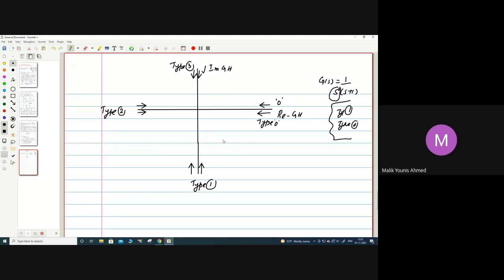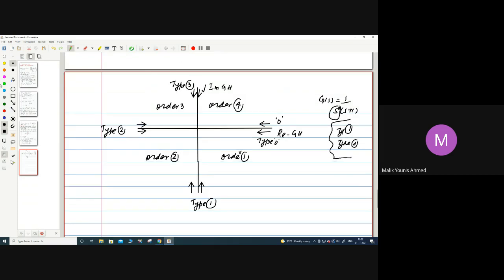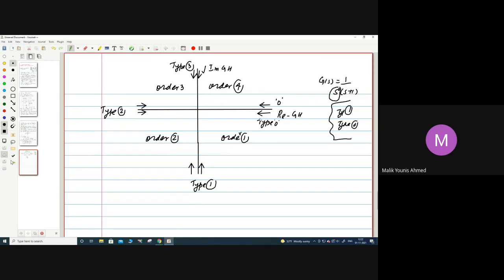Now the order: this is order 1, this is your order 2, this is your order 3, and this is your order 4, in the fourth quadrant, again in anti-clockwise direction. Let me clarify what I am saying here, as some people may not get a clear picture.